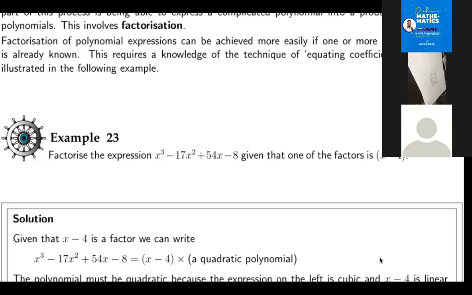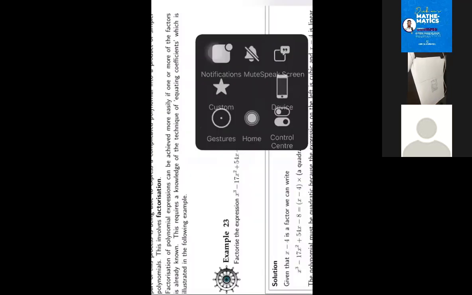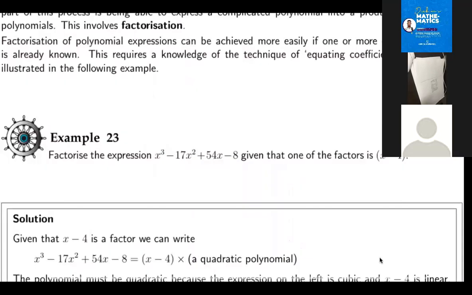Our first example: factorize the expression x cubed minus 17x squared plus 54x minus 8. Sorry, minus 8.